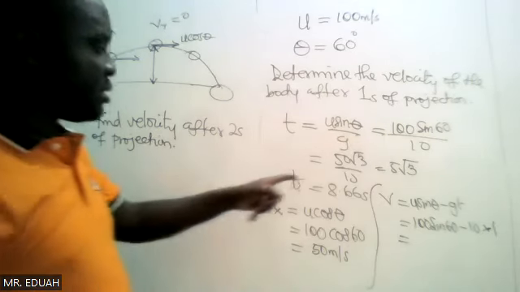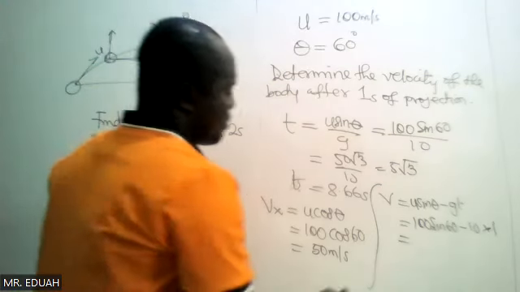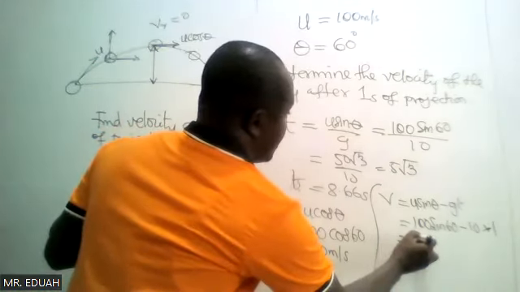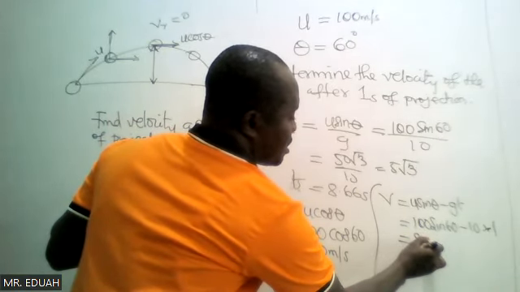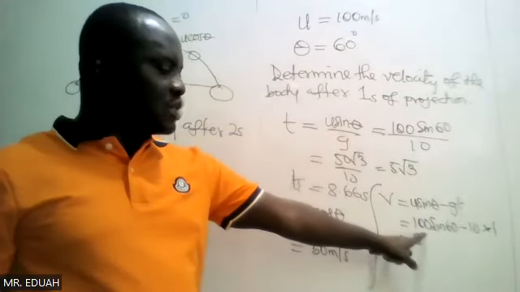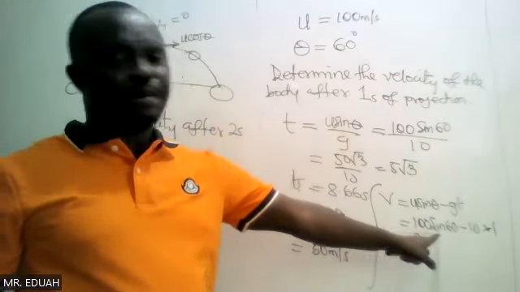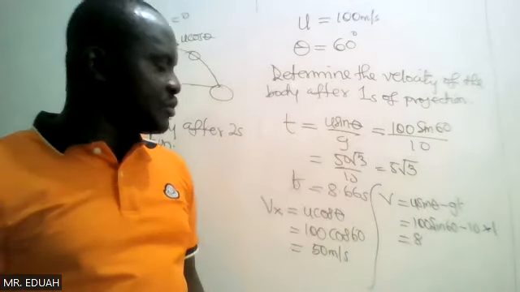This is 100 times root 3 on 2, 50 root 3, minus 10. Now check for me, what is 50 times root 3?